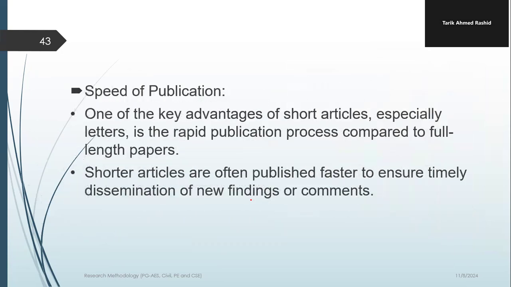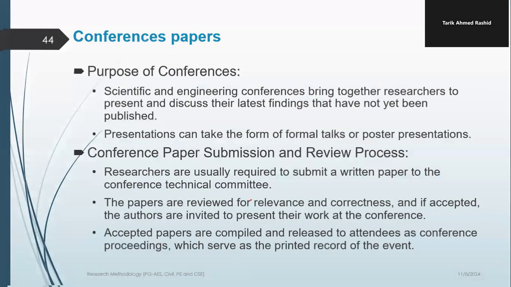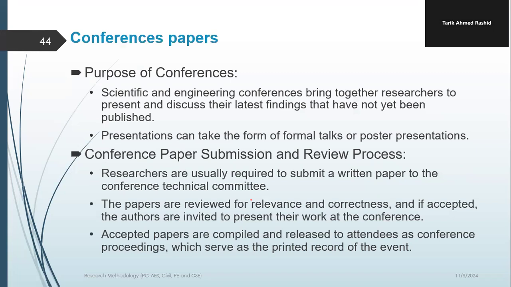Speed of publication, this is very important. Faster publication is not always good, because it could be a sign of not being authentic. Now, conferences are less of a headache because papers have to be published within a short period.